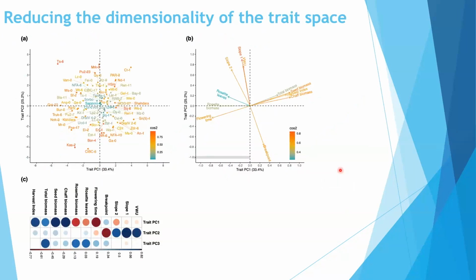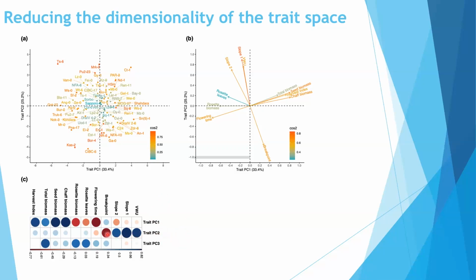We're collecting a lot of data on lots of different traits, so we want to reduce the dimensionality of that. We did principal component analysis. These are all our different populations, and these are all the different traits we looked at. We got three significant principal components from that analysis, and the one I want to focus on most is trait principal component 2.